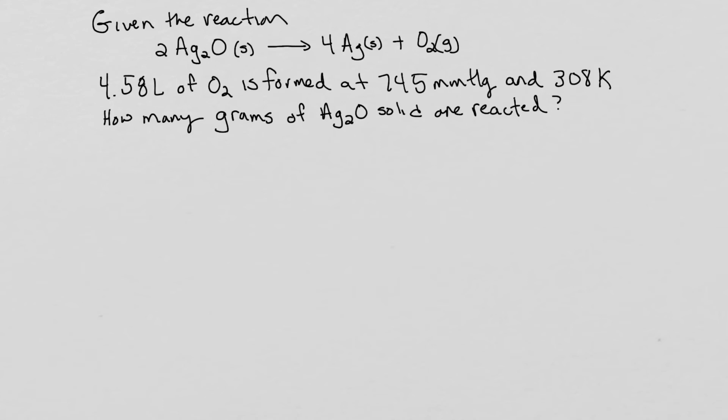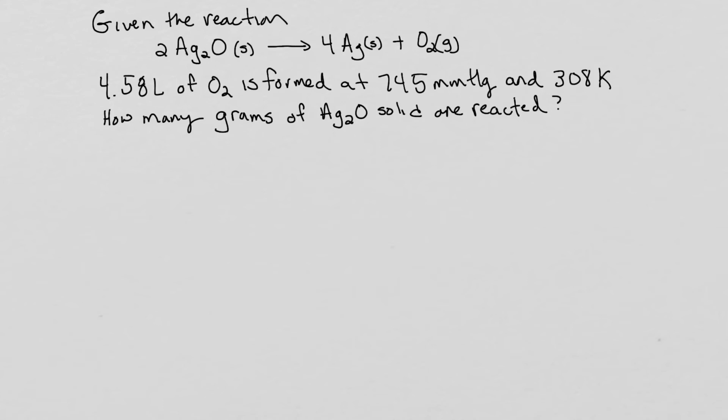What we're told is that 4.58 liters of O2 is formed at 745 millimeters of mercury and 308 Kelvin. How many grams of this silver oxide solid are reacted? In other words, they're asking us how much of this do we need to give 4.58 liters of oxygen gas, given our 2-to-1 ratio here.